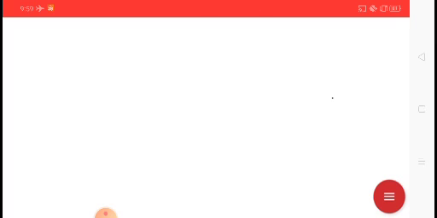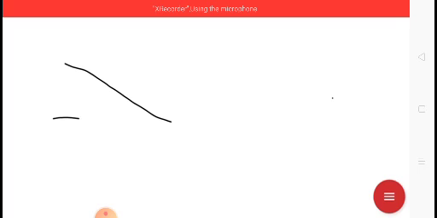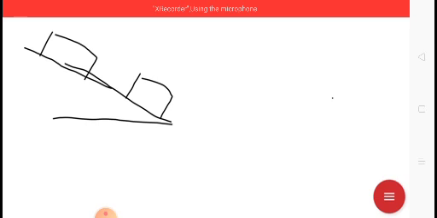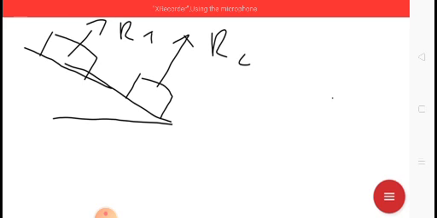We can roughly draw the diagram. Two parts: C for car, this one for the trailer, perpendicular, so resistance 20 here.